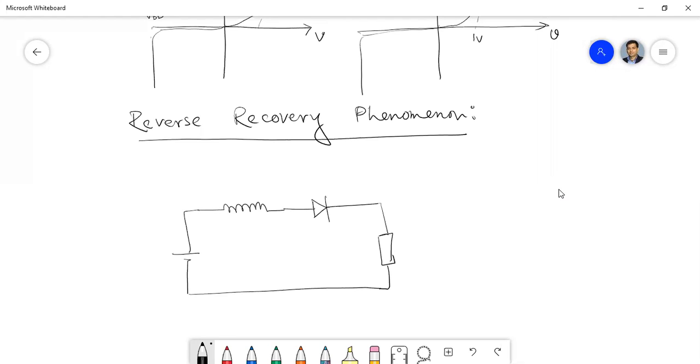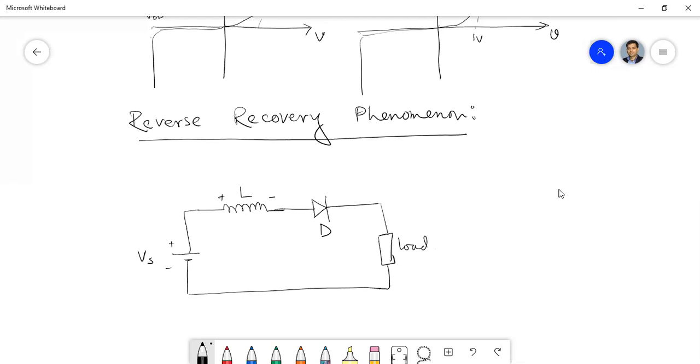So this inductance can be some physical inductance or an effective stray inductance. This was the normal case when the diode was forward biased and carrying the forward current, and that is the load. This is the supply voltage.